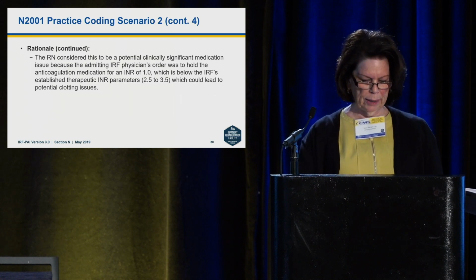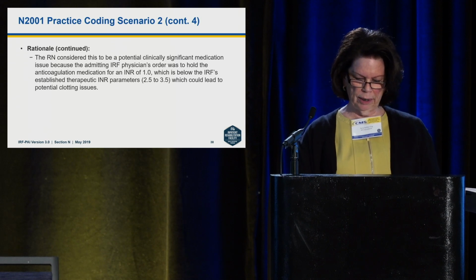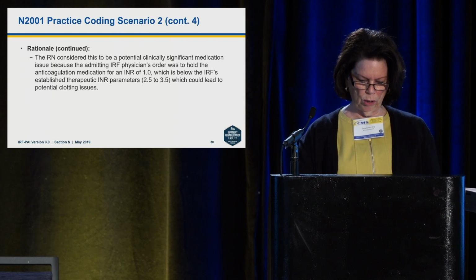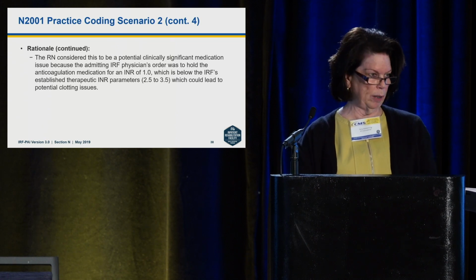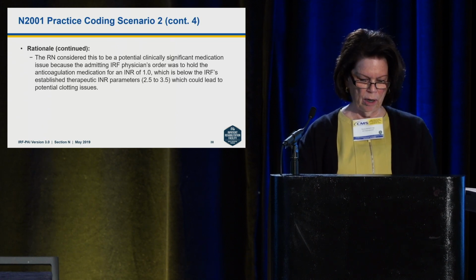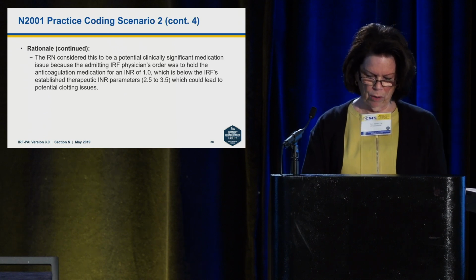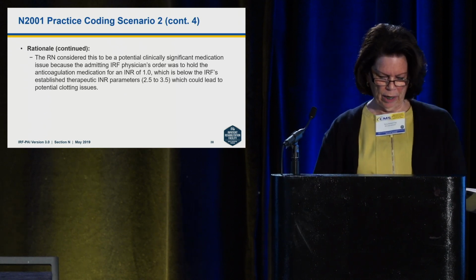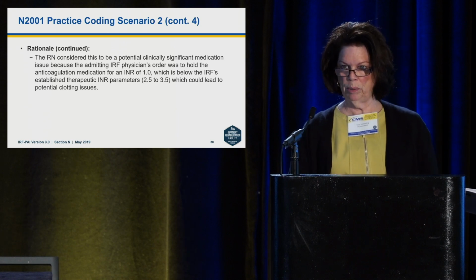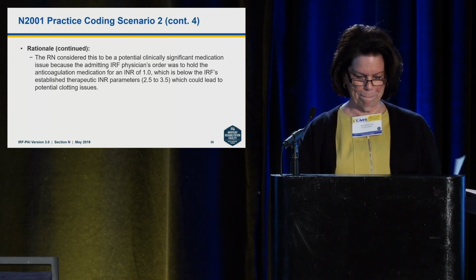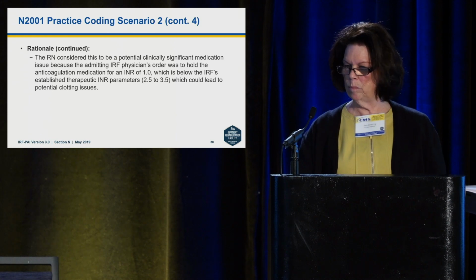The RN considered this to be a potential clinically significant medication issue because the admitting physician order was to hold the anticoagulation medication for an INR of 1.0, which is below the IRF's established therapeutic INR parameters, which could lead to a potential clotting issue.